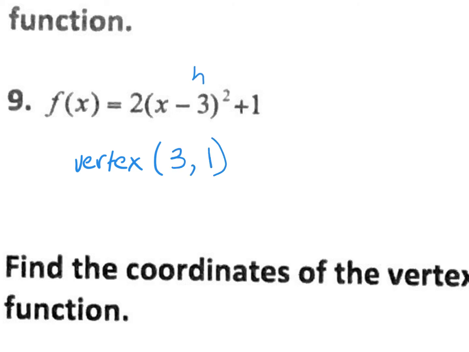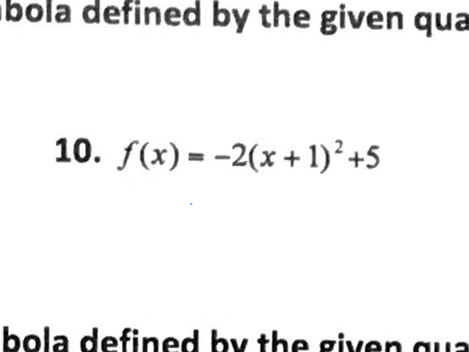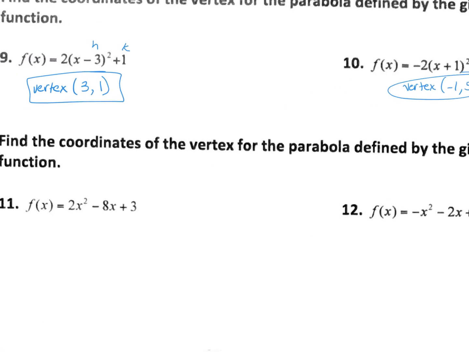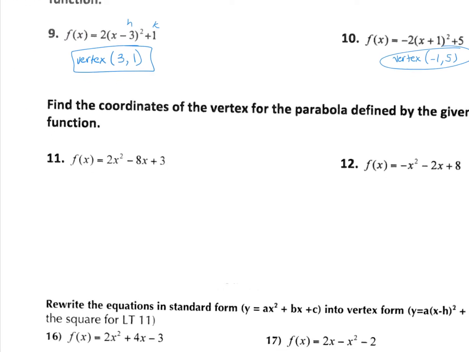This is my H. This is my K. Remember, when you take the H out, the sign is going to switch. What is the vertex for this problem? -1, 5. Perfect. Good.